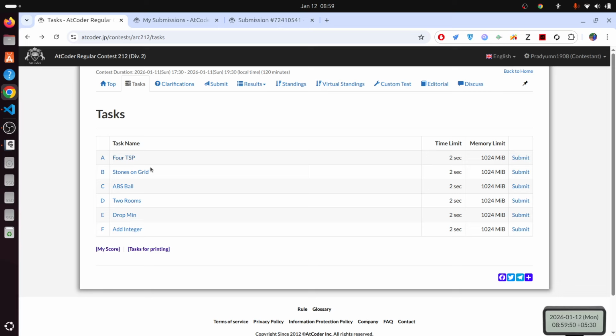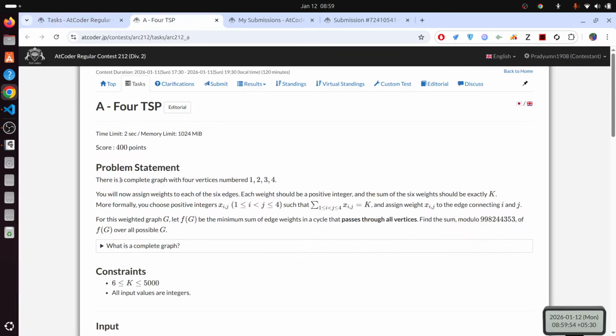The first problem was 4 TSP. There's a complete graph with 4 vertices numbered 1, 2, 3 and 4. You will now assign weights to each of the 6 edges. Each weight should be a positive integer and the sum of the 6 weights should be equal to k.